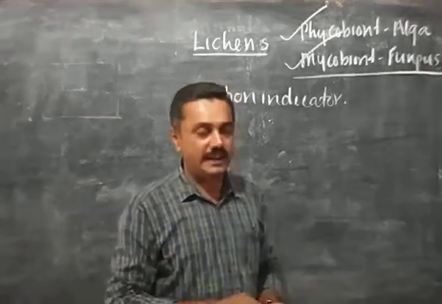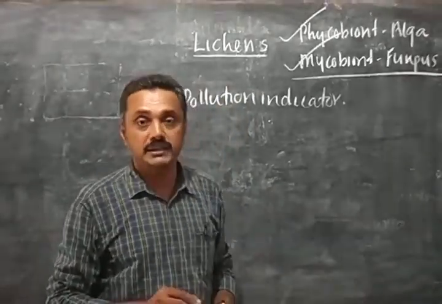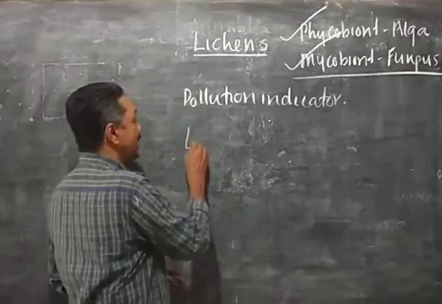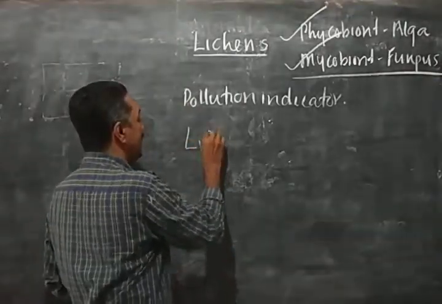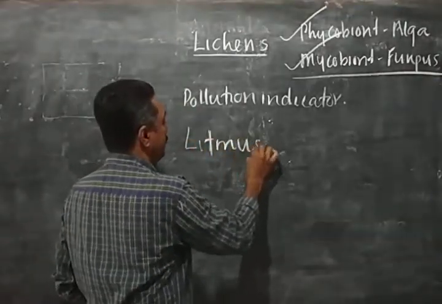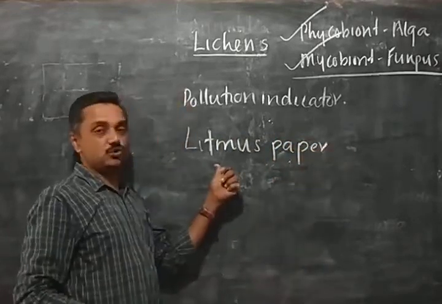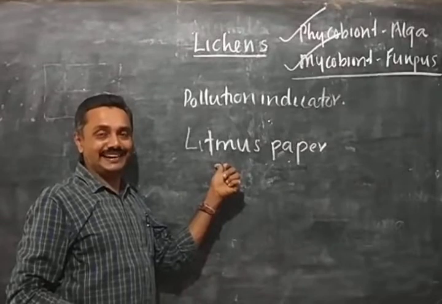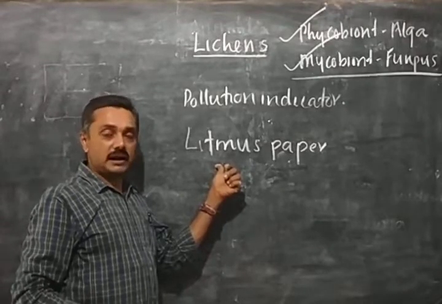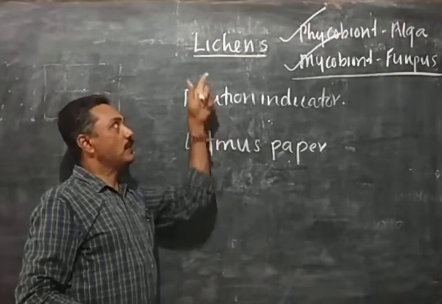And see, lichens are industrially important. They produce various chemicals that are used in litmus paper. You know, litmus paper is used in chemistry as an indicator. Litmus paper contains a chemical that is obtained from lichens.